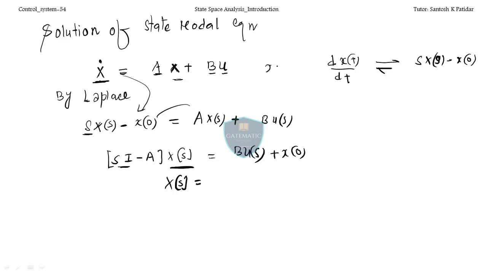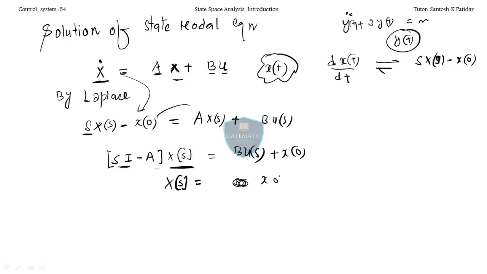We are looking for x(t), the solution in the time domain. It is like the solution of a differential equation: if the differential equation is given in terms of y(t), we are looking for the solution y(t). Similarly, we are looking for x(t) here. So X(s) is nothing but this term will come to the denominator, and it will become like sI.